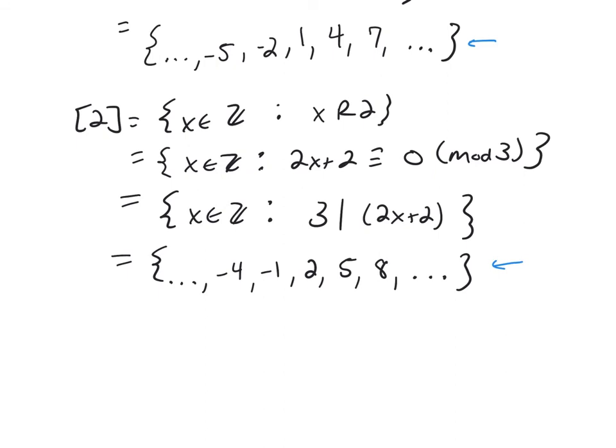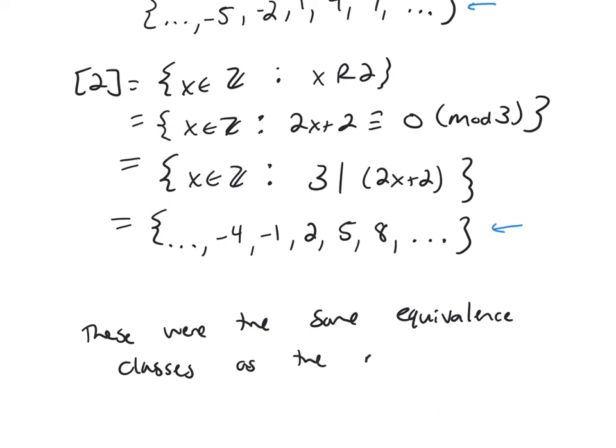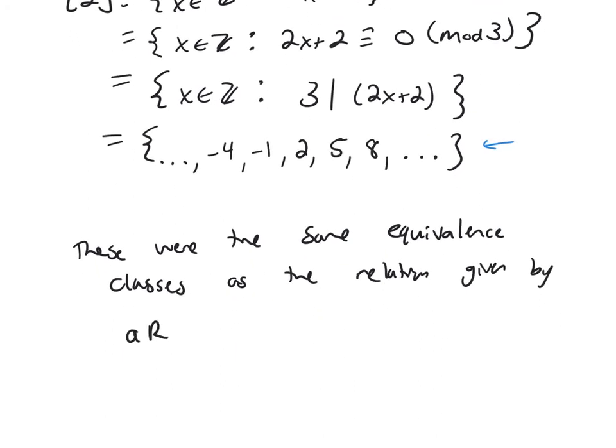If you compare these with the equivalence classes that we found in the last video, you'll see that these are the same. So I'll note that these were the same equivalence classes as the relation given by A relates to B if A is congruent to B mod 3.